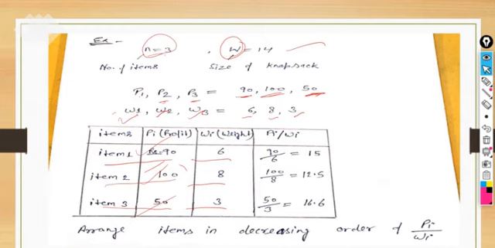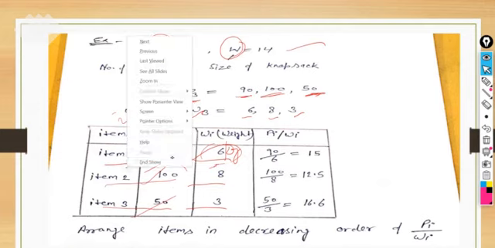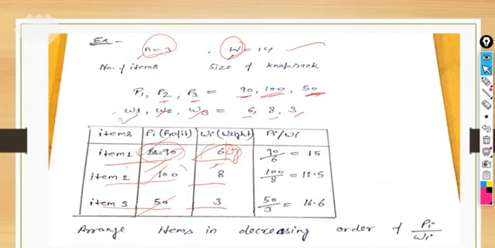So how can you decide it? This is the profit of item 1 and this is the weight of item 1, right? I'm assuming it in kg. 6 kg is the weight of item 1, and 90 is the profit over it.